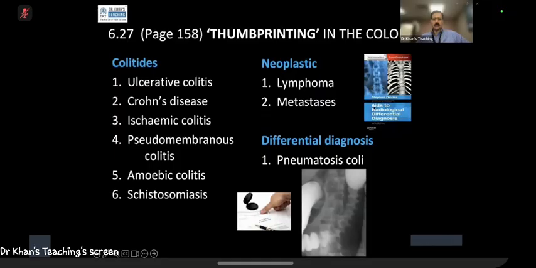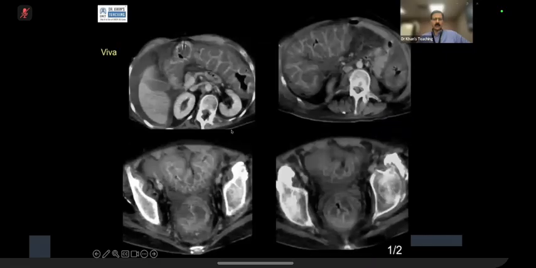And this is from the 6th edition of Chapman. In 7th edition, you will not find this thumb printing in the colon. And you can see all types of things, including the same things which were causing toxic megacolon here, and some tumors, etc., can also cause thumb printing.